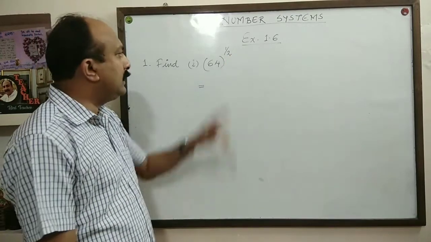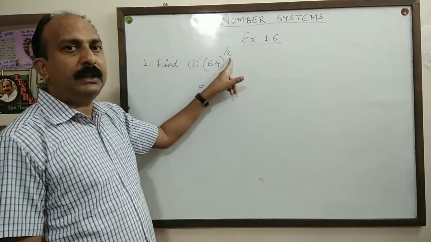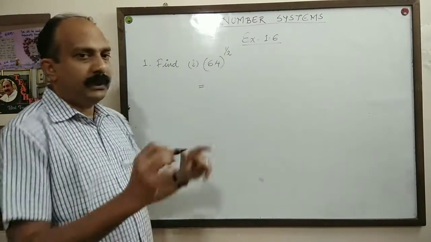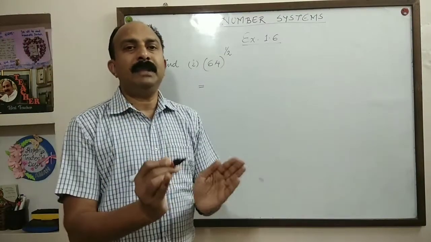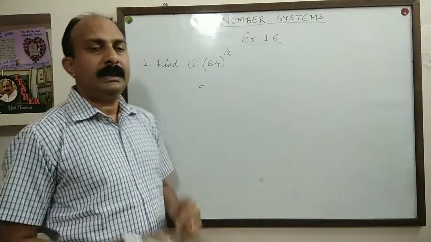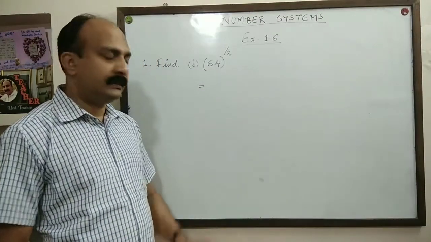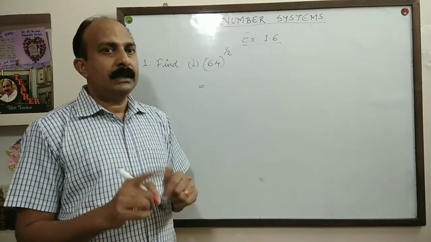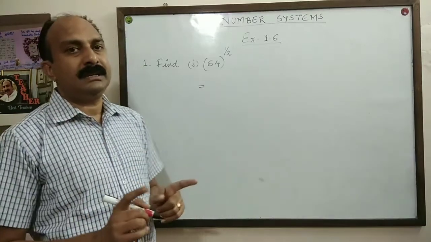Here the denominator of the exponent is 2, so 64 is to be converted into something power 2. We know that 64 is the 2nd power of 8.